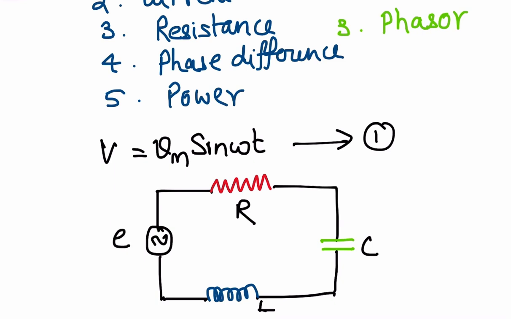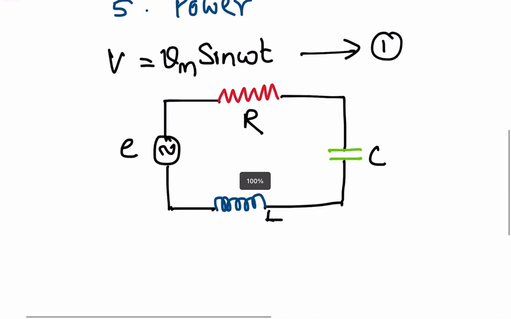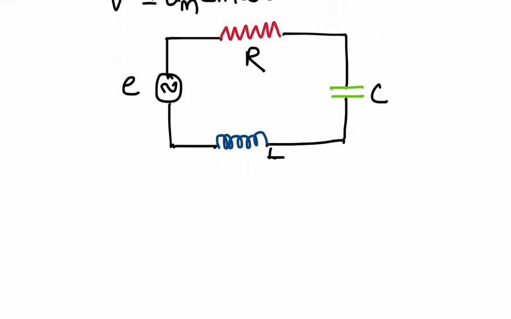Now we have seen the voltage equation, V is equal to Vm sine omega t, and we have to go for the remaining equations. Then what is the phase difference between voltage and current? We don't know. So we assume, this is only our assumption, that there is a phase difference of phi between voltage and current.